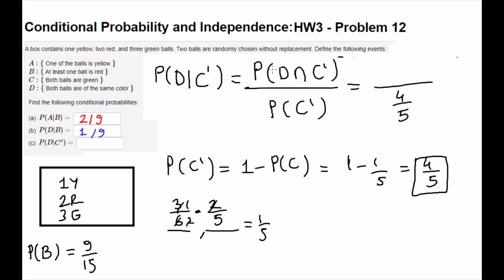So now we know that this is 4 over 5. Now we're going to compute D intersect C naught. C is both balls are green. C naught is both balls are not green. And at the same time, they are the same color. Again, we're pointing out only red. So their intersection is again red.